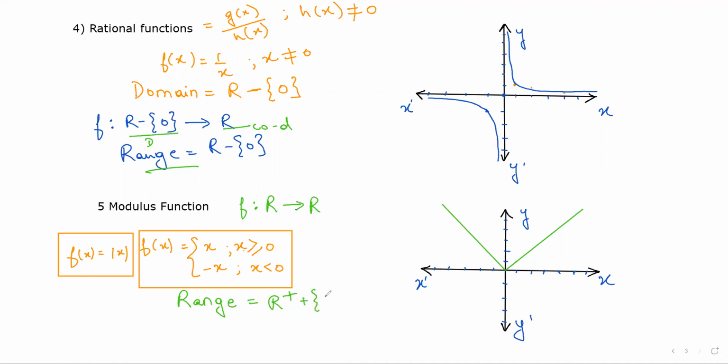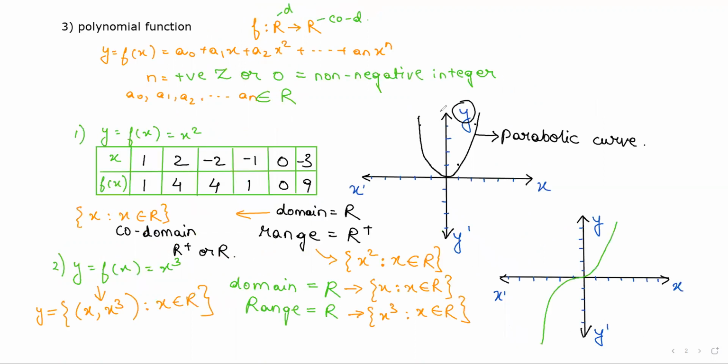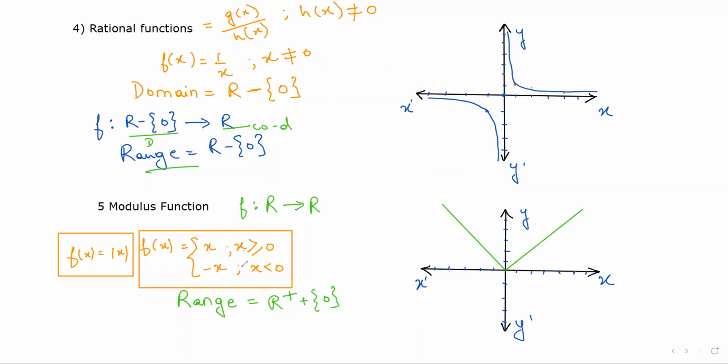So either you can add 0 to it, or you can write range is always non-negative, all non-negative numbers, because 0 is neither positive nor negative, and you can get a value of 0 as a value of y. This by default is your domain, and this is your codomain.